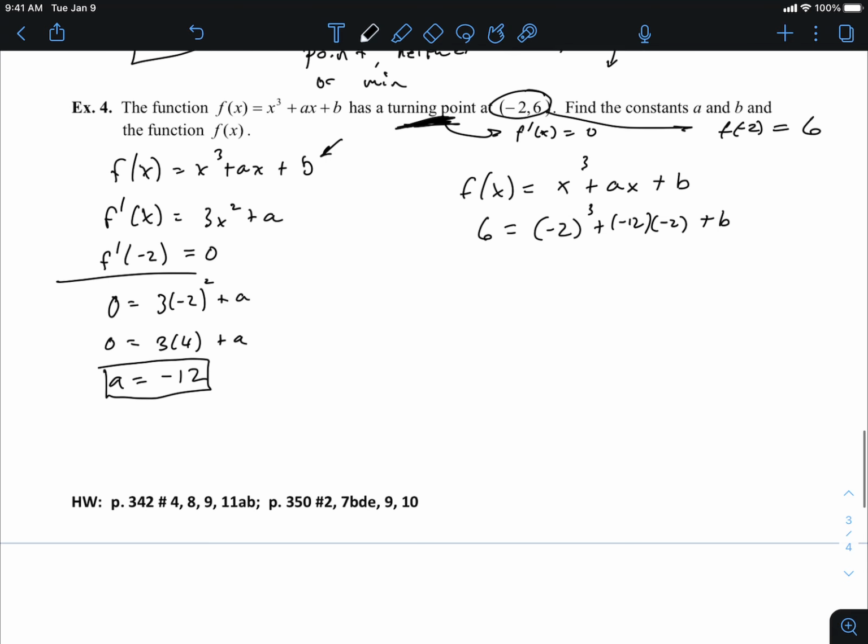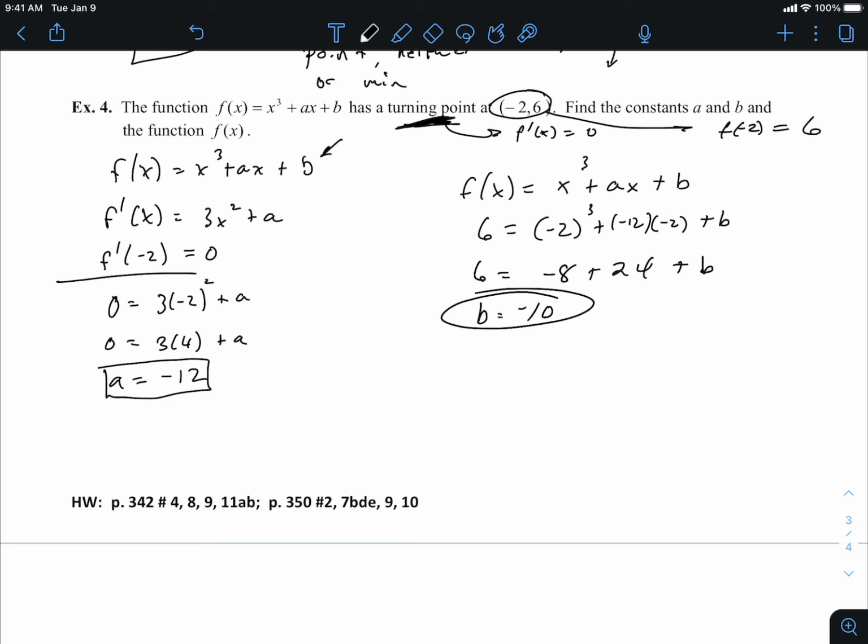So here's what we got. Now it looks like I've got one thing to solve for. -2 cubed will be -8, and then plus 24, plus b. If you solve for this, you would see that b comes out to be -10.